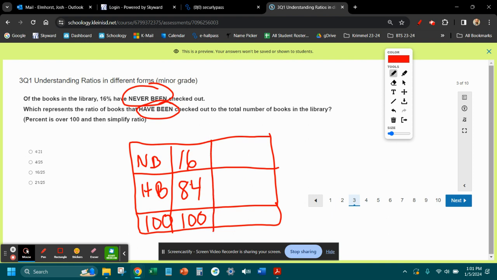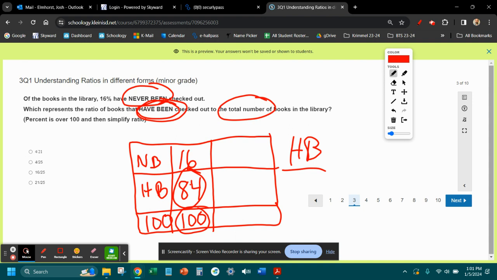Now we set up the part total, and we're going to look at the ratio, which represents the books that have been to the total numbers. So simplifying this, we need the have been and the total.